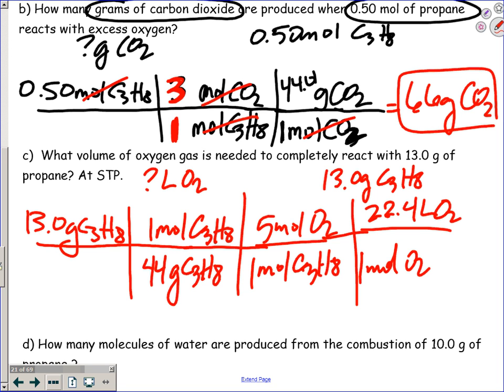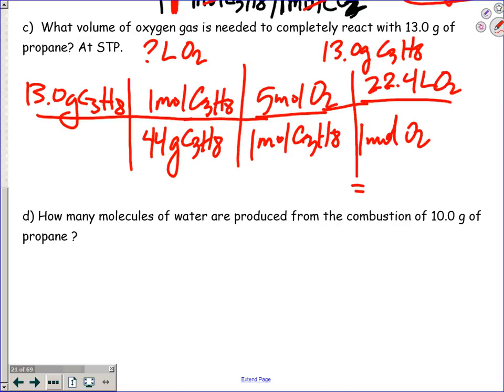Anybody want to help me out here? The answer was 33.0 liters of oxygen. Good.